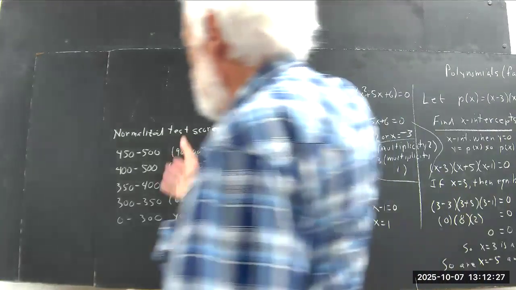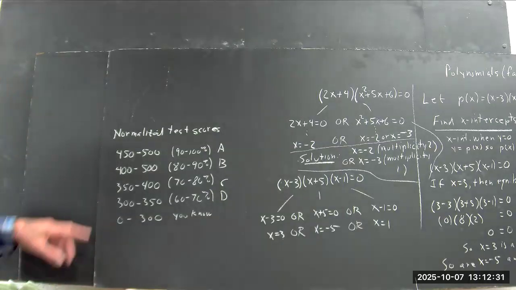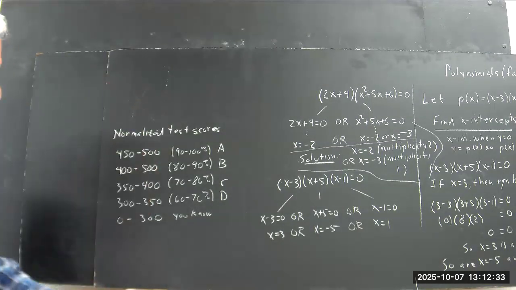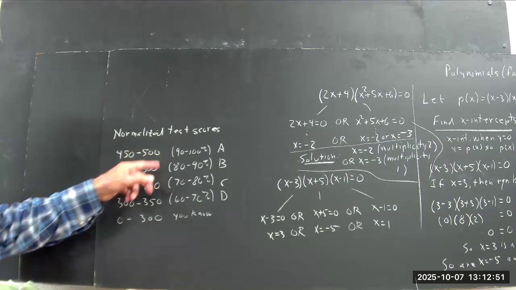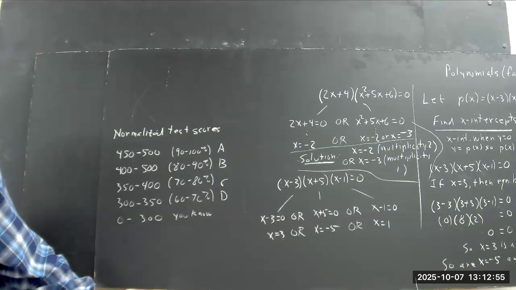Okay, this is the range for test grades. These are normalized scores, which means that I've taken a raw score of 40% and it becomes 60. A raw score of 90% is 90.